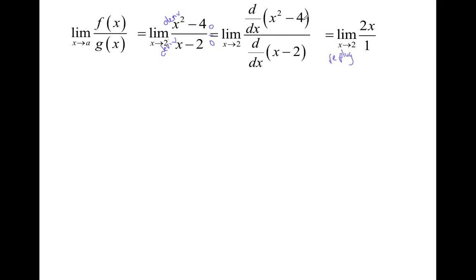So the derivative of x squared minus 4 is 2x. The derivative of x minus 2 is 1. And I get 4, which is what I got with the algebra, right?